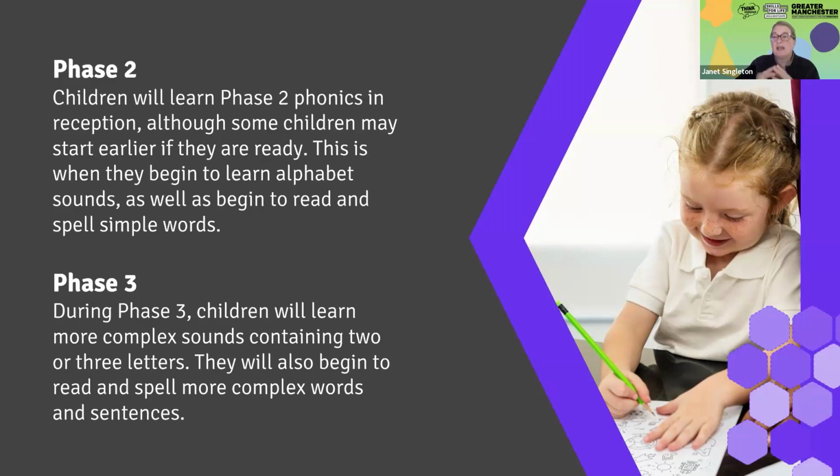This is when they begin to learn the alphabet sounds, as well as beginning to read and to spell simple words. With phase 3, children will learn more complex sounds containing 2 or 3 letters, so those digraphs, trigraphs, as we mentioned. They'll also begin to read and spell more complex words and sentences too. So that's your phase 2 and your phase 3.